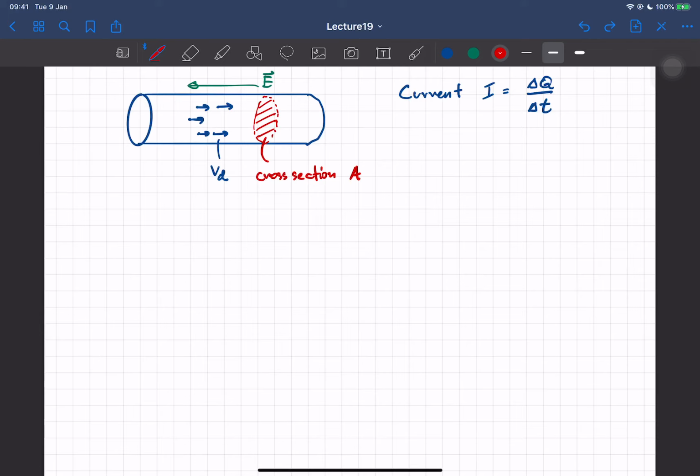Okay, in this particular case, we can actually calculate the current with a little bit more precision. So, if the electron is going to the right on average with drift velocity Vd, then at time delta t, the volume spanned by this velocity is given by this chunk of volume.